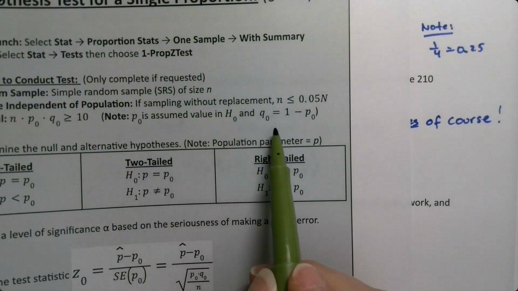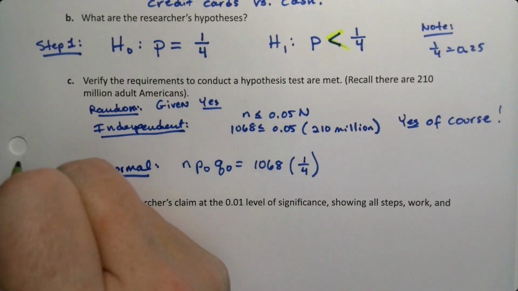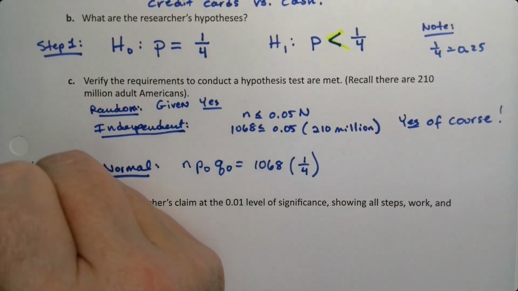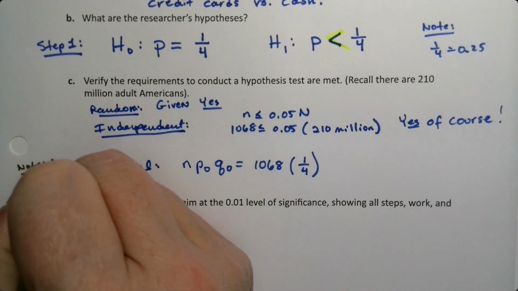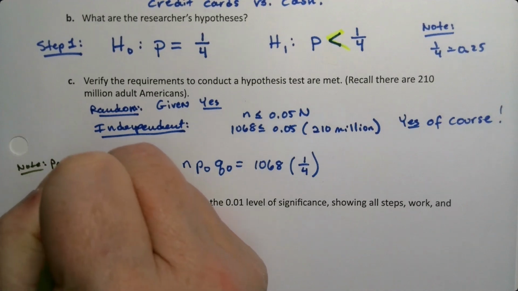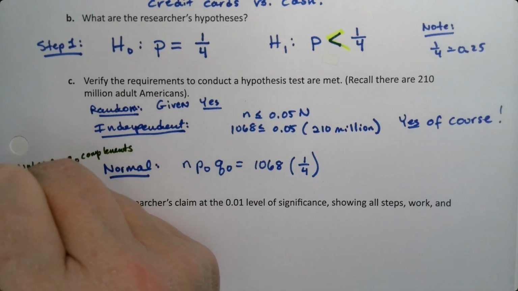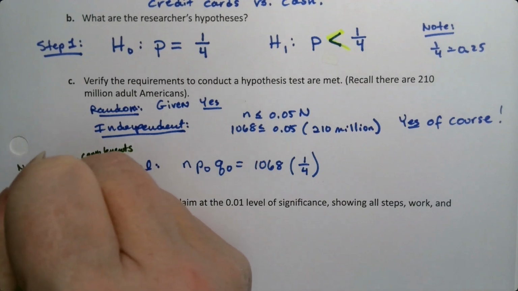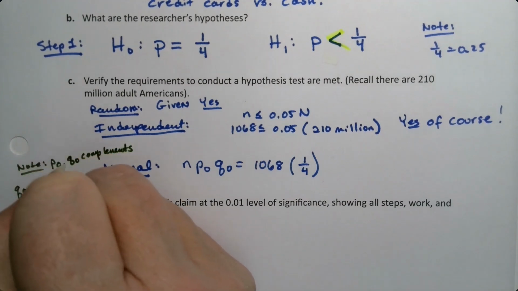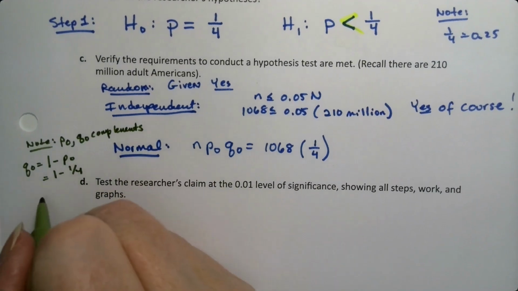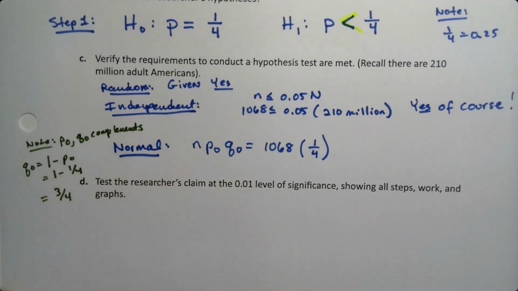Remember, P and Q are complements. They add up to 100%. So I'm just going to make a note. P0, Q0 are complements. So Q0 is 1 minus P0, which is 1 minus 1/4, which is 3/4. Okay? So that's what I'm going to put in right there. So 3/4.